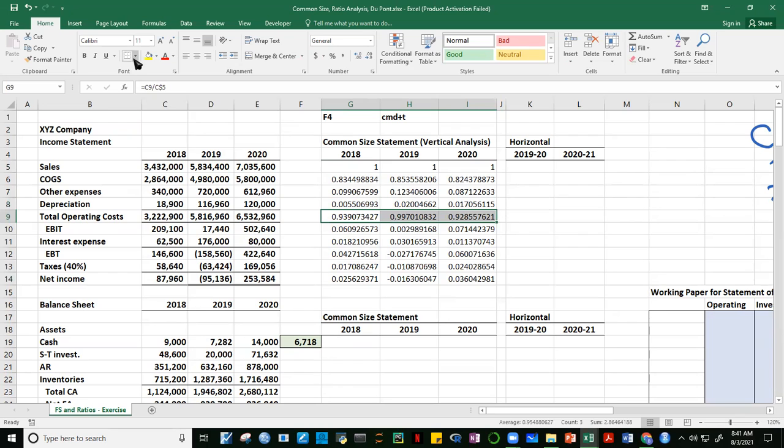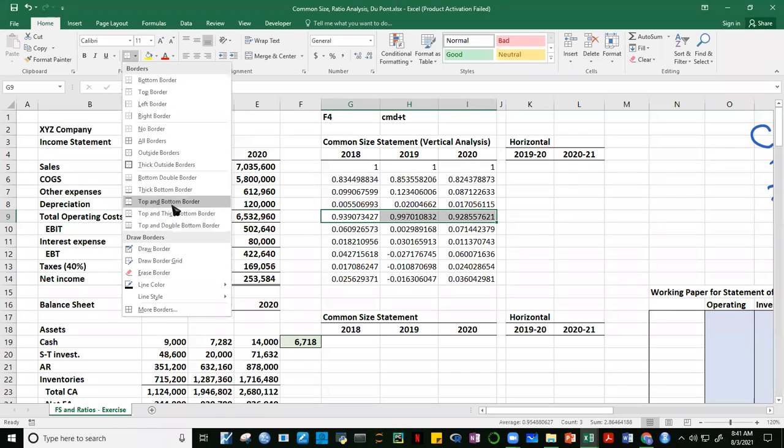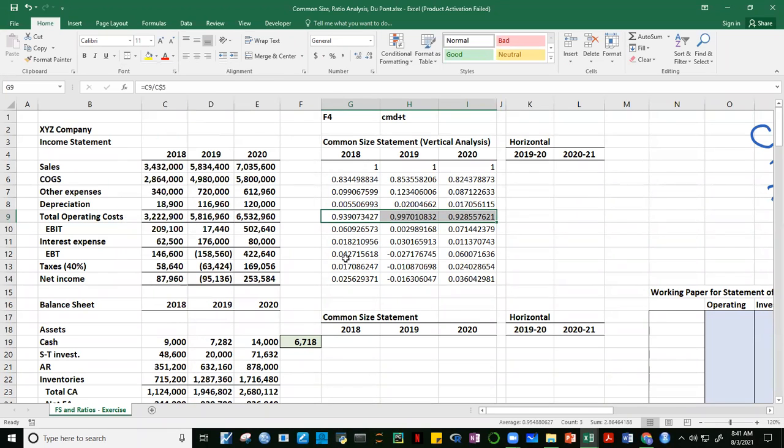Our common size should have the same format as the income statement. There. Okay.